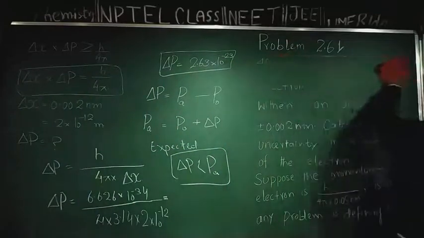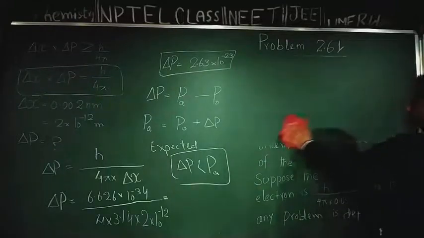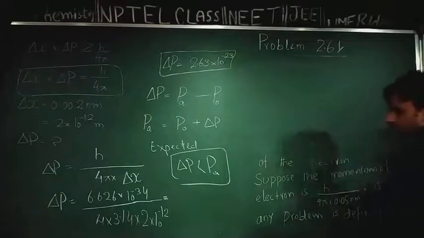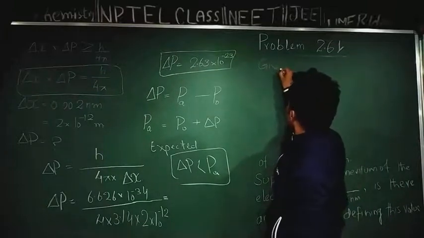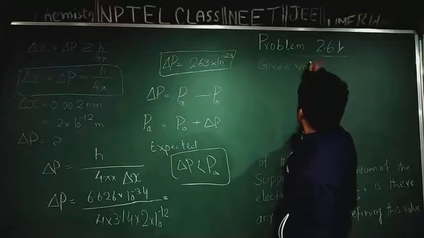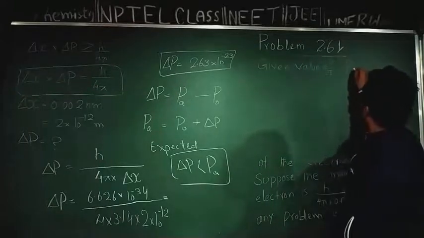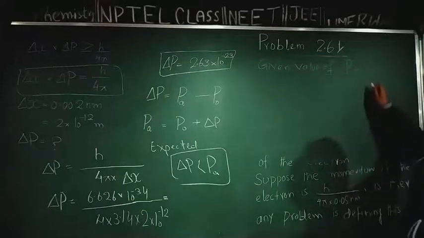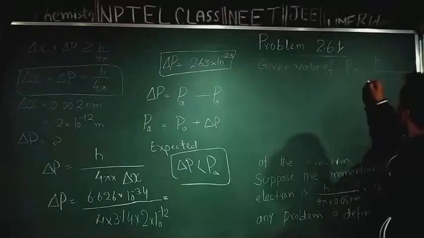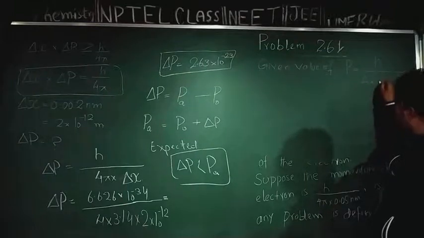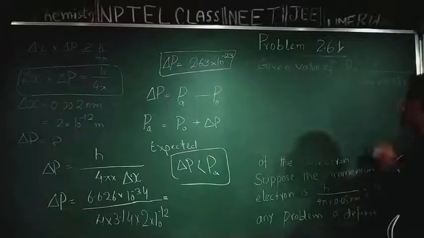Let us compare the given value of momentum with uncertainty in momentum. The given value of momentum p is equal to h divided by 4 pi into 0.05 nanometer.